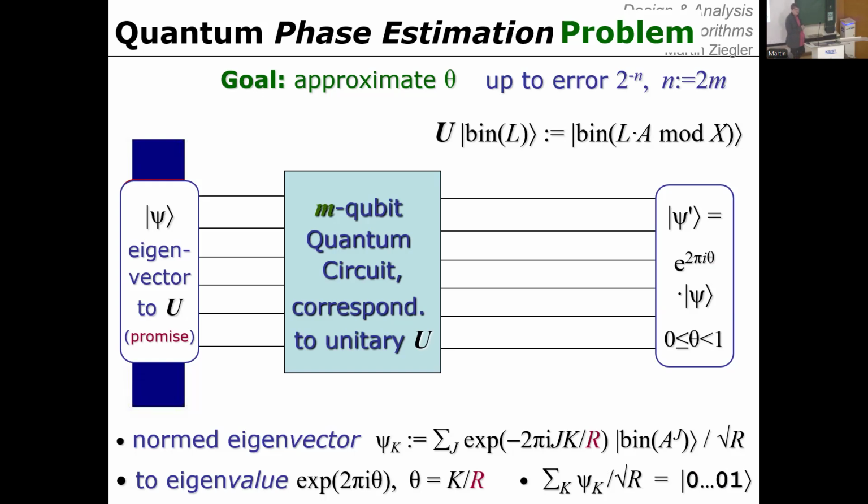Peter Shor's algorithm tries to determine the order, and in order to determine the order, you run this quantum phase estimation circuit that I still haven't shown you yet, because that's what we do in the next 20 minutes.